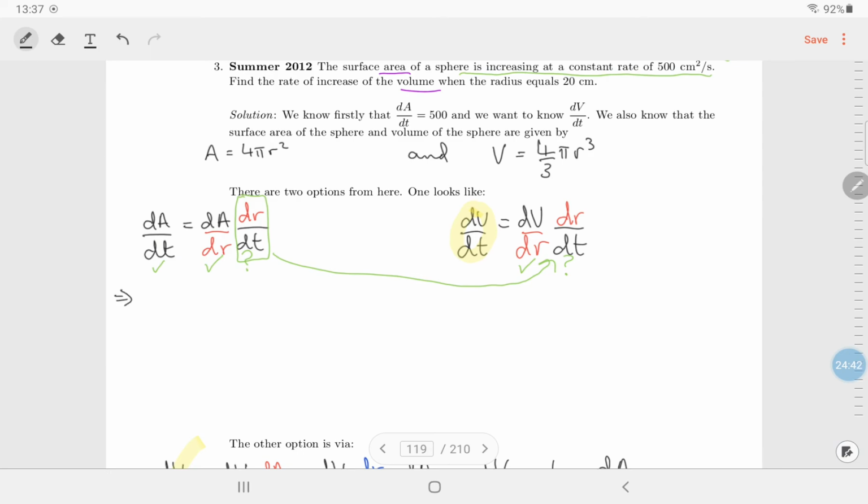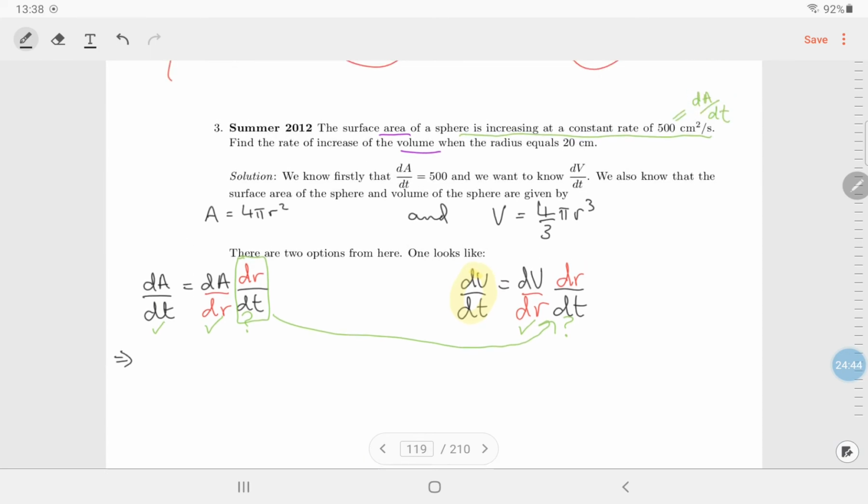So dA/dt, as we mentioned, you might have to pause and look back here, it's tough, is 500. dA/dr is the derivative of area with respect to radius. So I'm differentiating 4 pi r squared. I fix the constant 4 pi, and the derivative of r squared is 2r times this dr/dt that I don't know about.